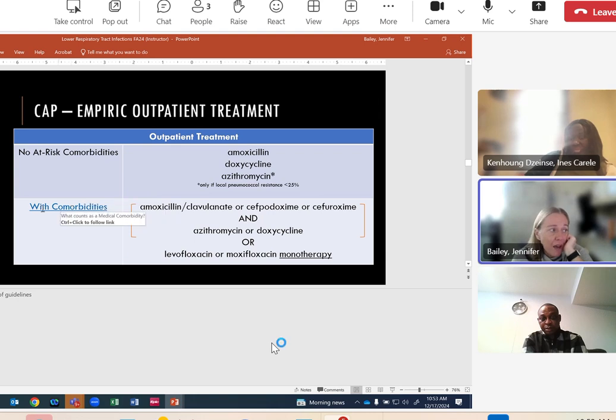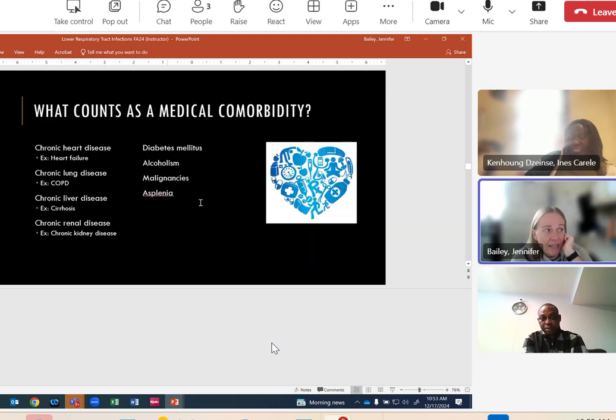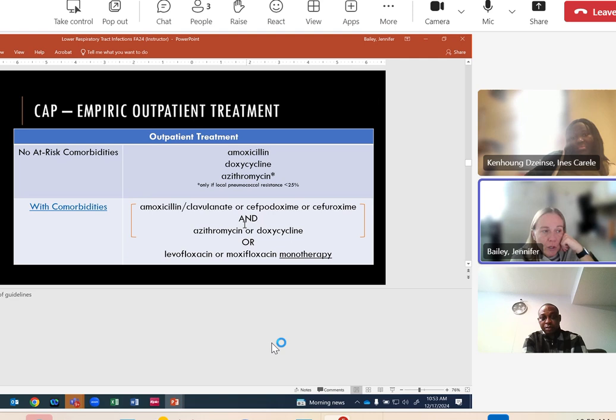Patients who have comorbidities, meaning any of these, so heart disease, lung disease, liver disease, kidney disease, diabetes, and some cancers, any of those patients are going to require this treatment.